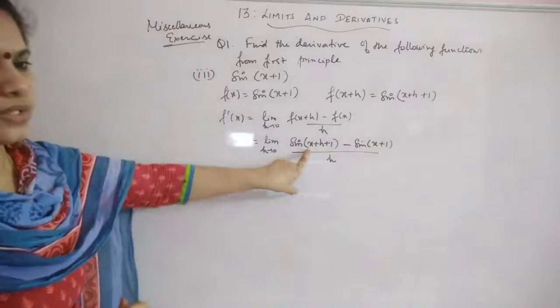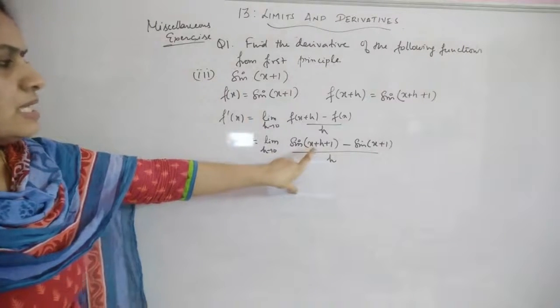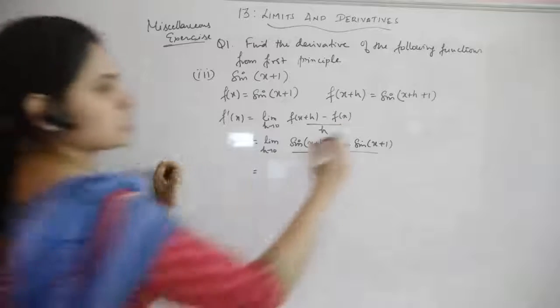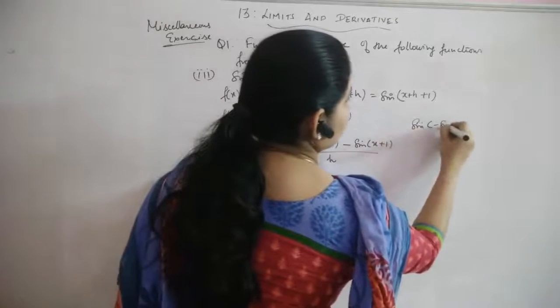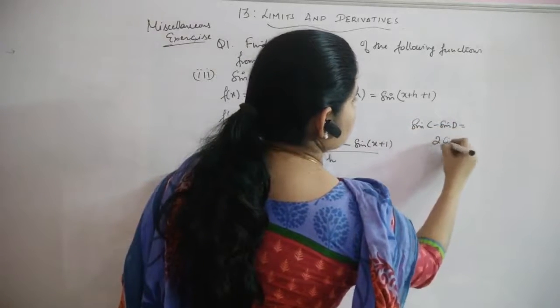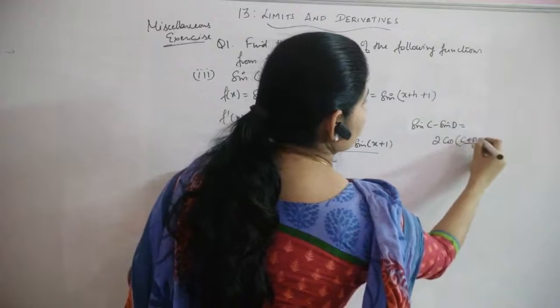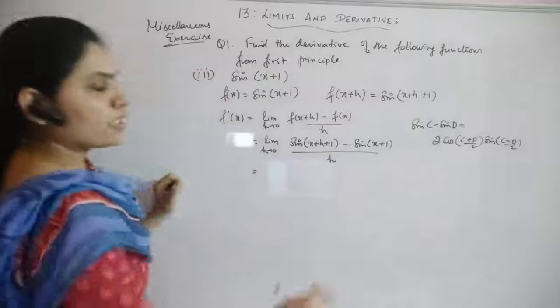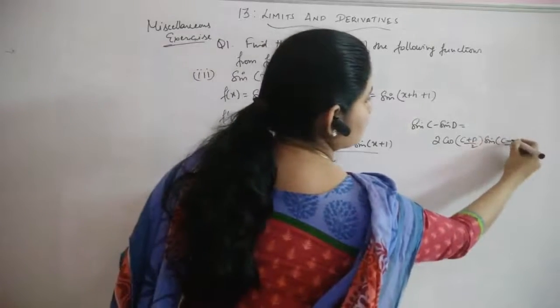Now again, the numerator is in the form sine a minus sine b, or sine c minus sine d. What is sine c minus sine d? It is 2 cos of c plus d by 2 sine of c minus d by 2. So that we are using here.